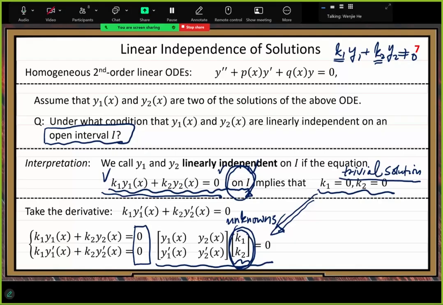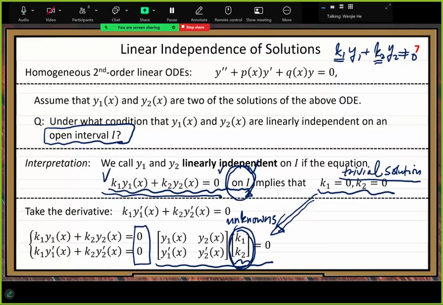Second, we want to ask, is it possible that this linear system has a non-trivial solution? Or you can ask it this way: under what condition does this linear system have a non-trivial solution? You need to use some knowledge from linear algebra.